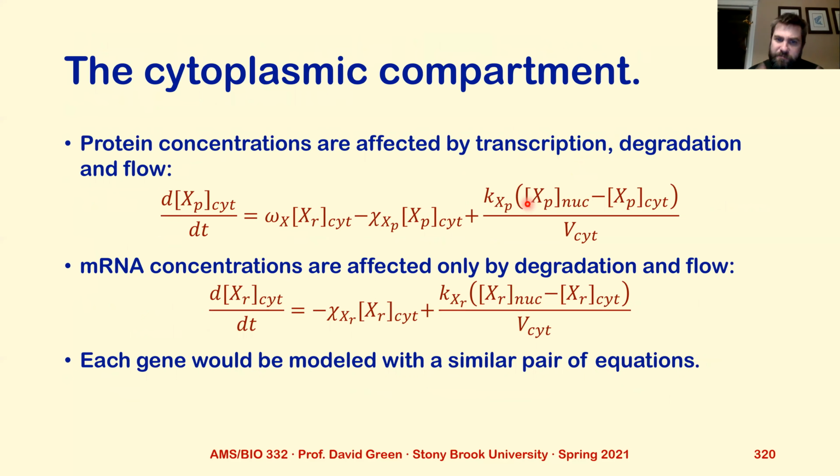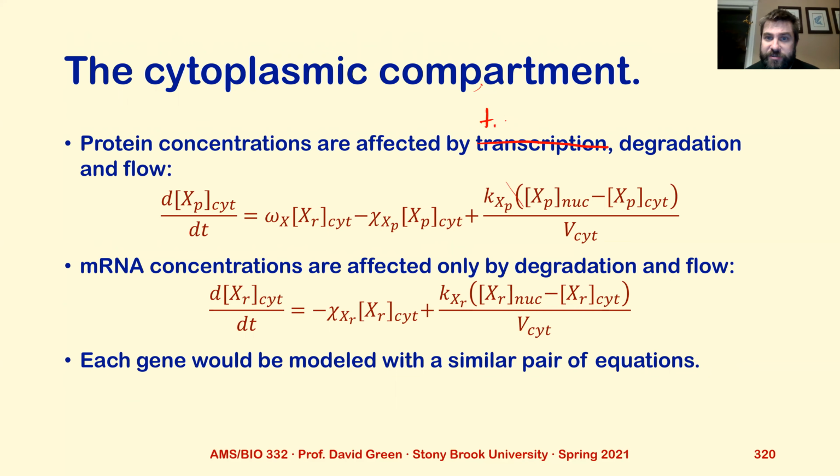Okay, so how do we then put all of this together? Let's start with the cytoplasm. The cytoplasm is where translation can occur. So let me make a little correction of this typo here.